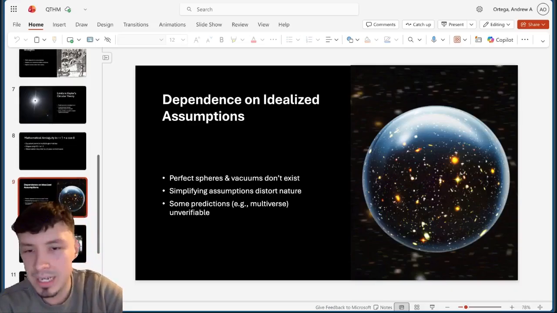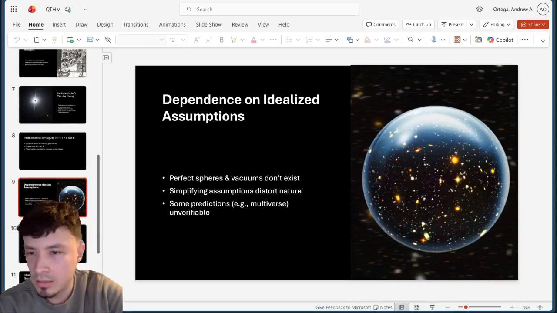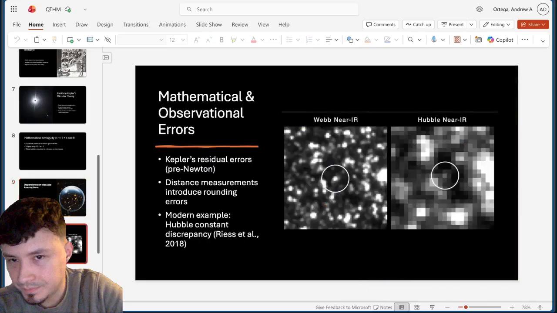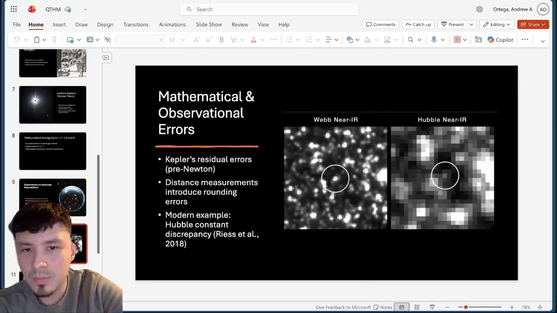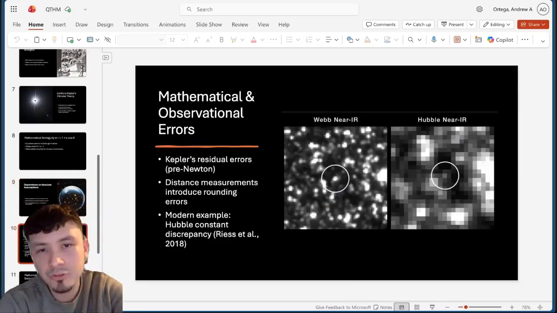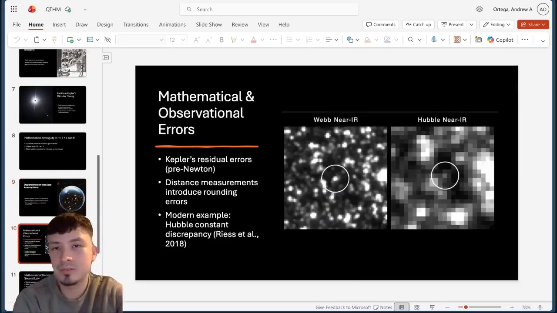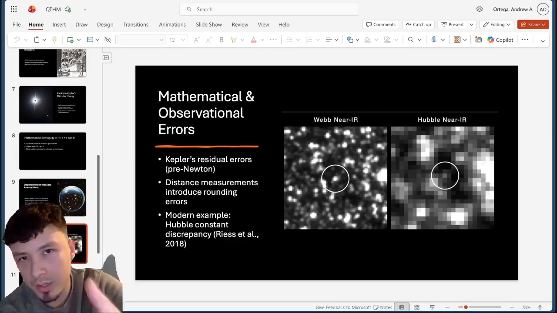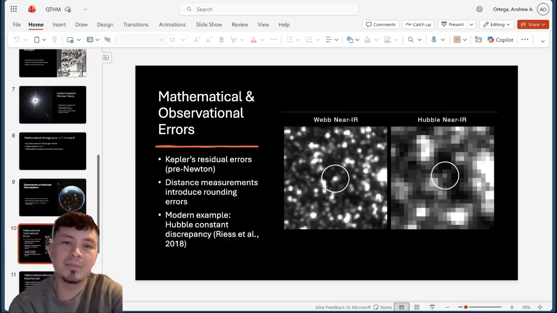And for slide number 10, which is next here, mathematics and observational errors. It has a bit of errors, right? Kepler's residual errors kept occurring all over again. The distance measurements introduce rounding errors, right?